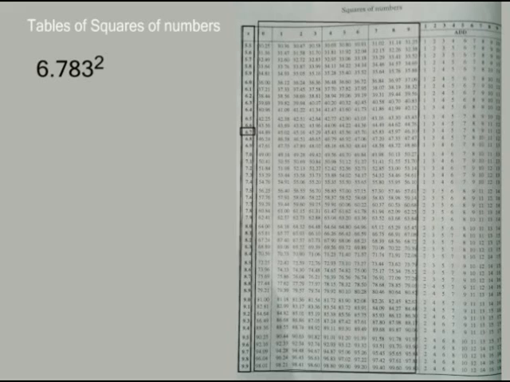And so for our number 6.783, we shall go to the column headed by 8. And since our first decimal place fell under 6.7, we shall follow this row of 6.7 up to where it coincides with the column headed by 8. We read this number, it's 45.97.